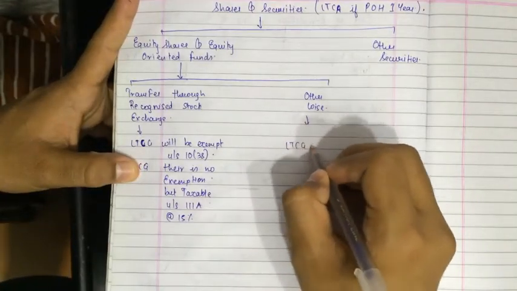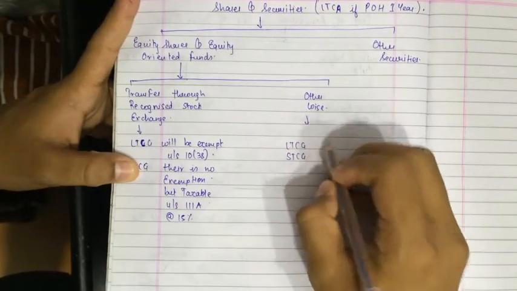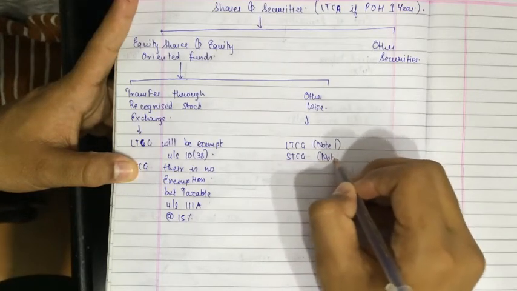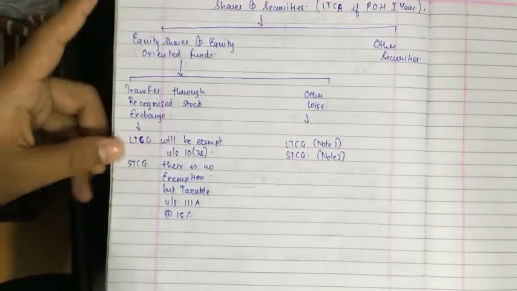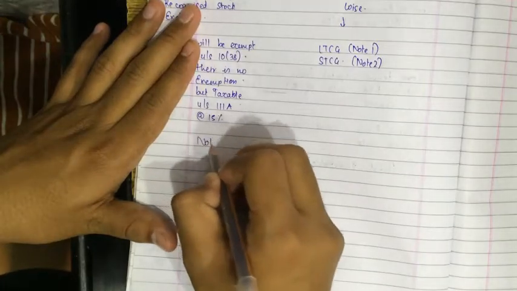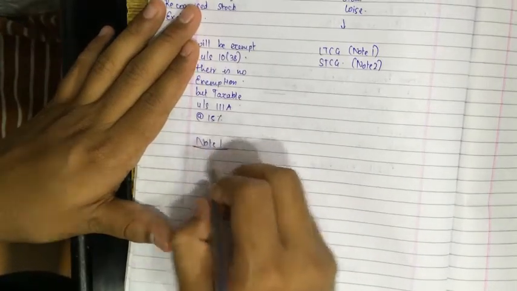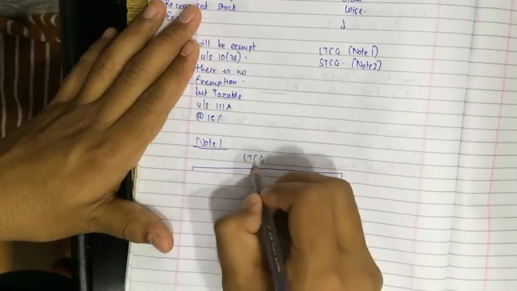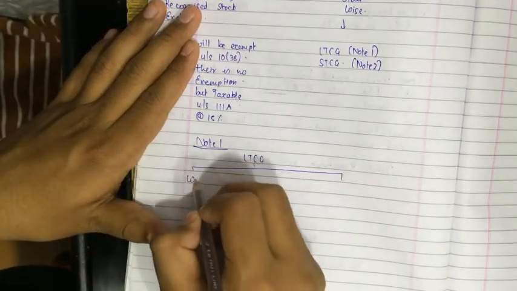Long-term capital gain, short-term capital gain, note 1, note 2. Note 1 for long-term capital gain with indexation.